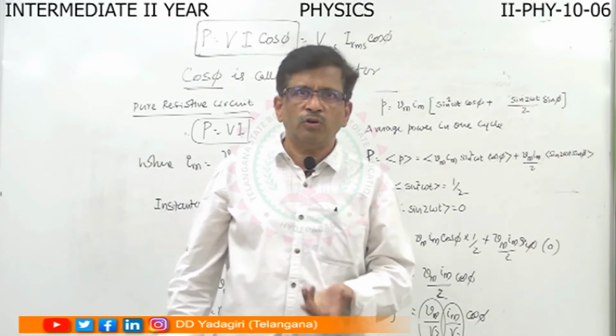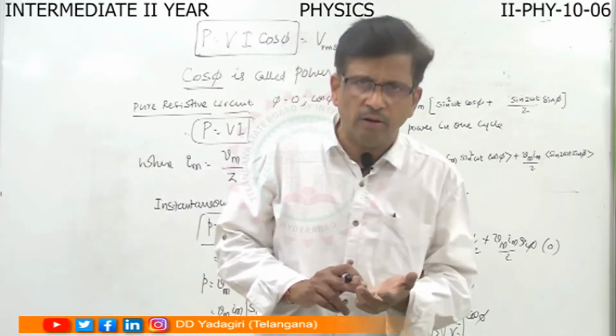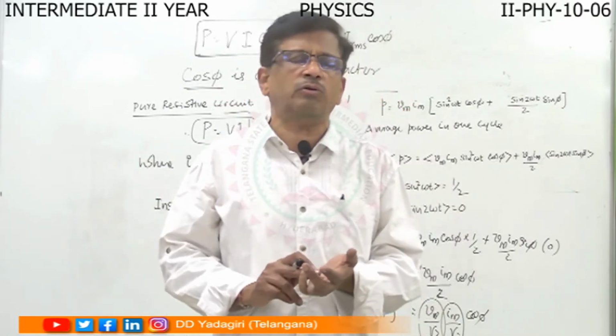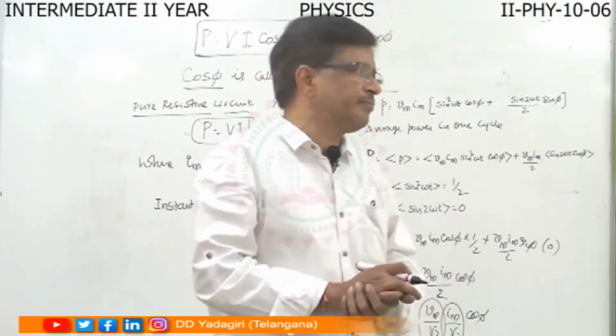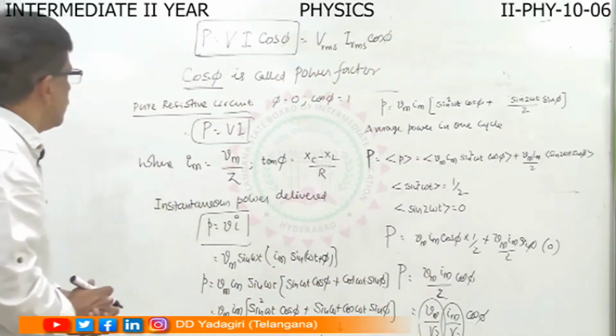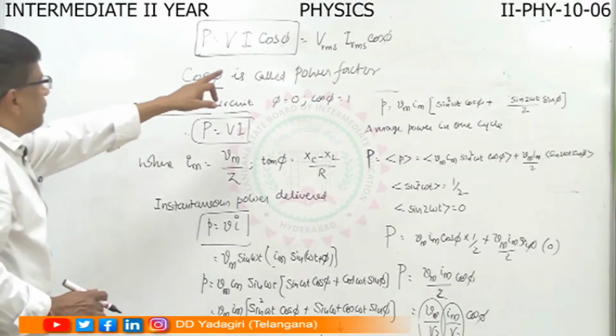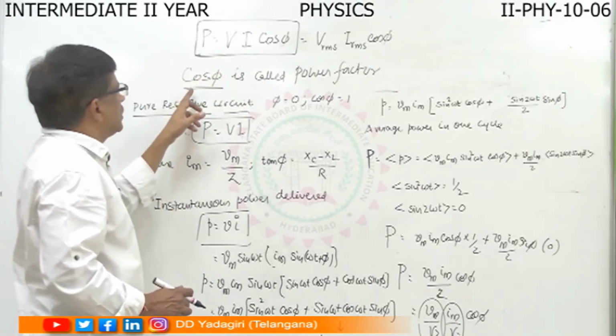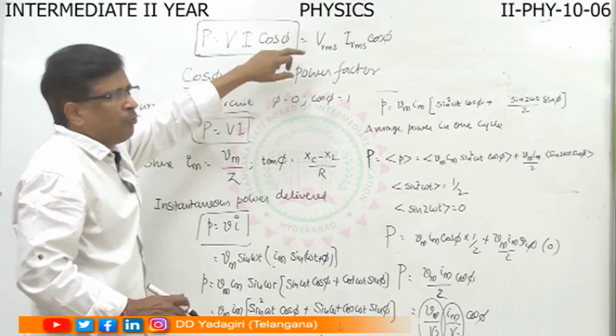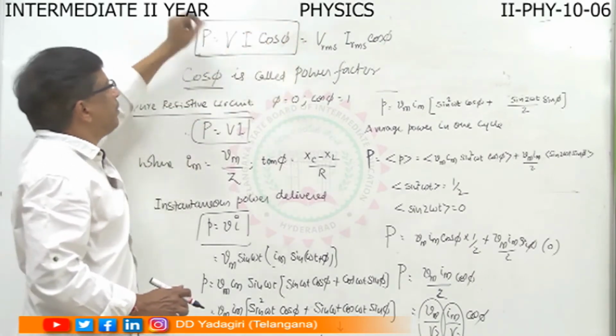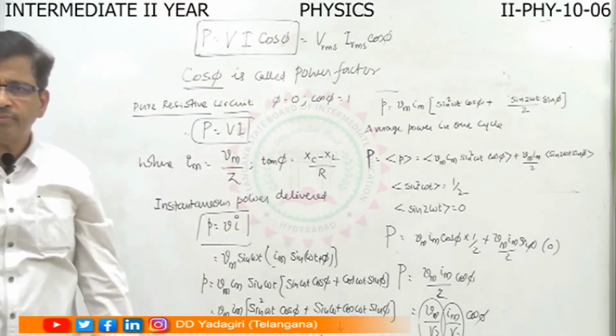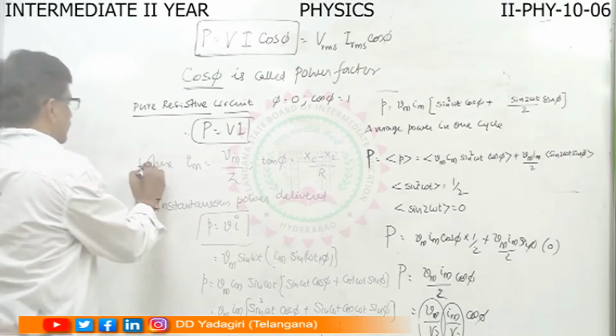Pi by 2. So in a capacitor circuit or inductor circuit, you have phase difference pi by 2. If you take pi by 2, what happens to the power factor? Cos pi by 2 becomes 0 and P becomes 0.